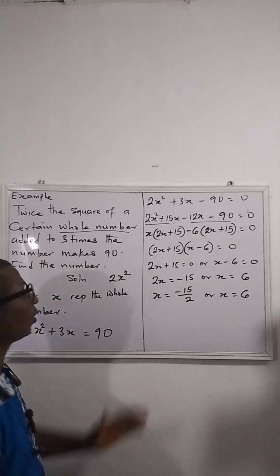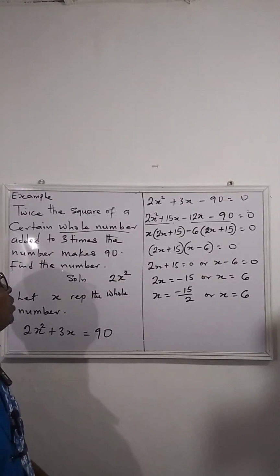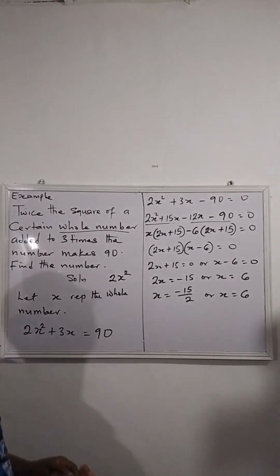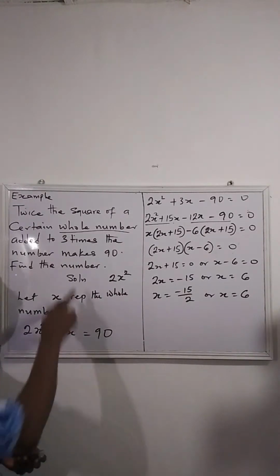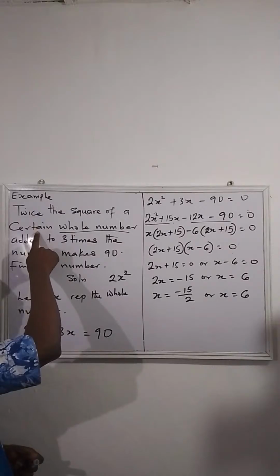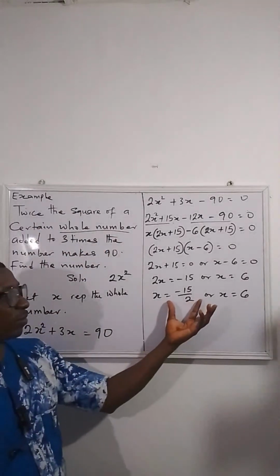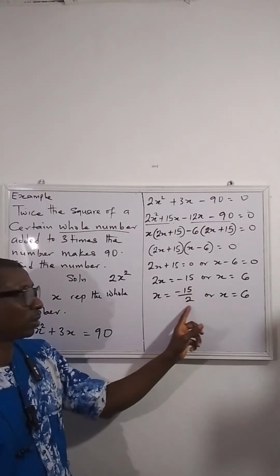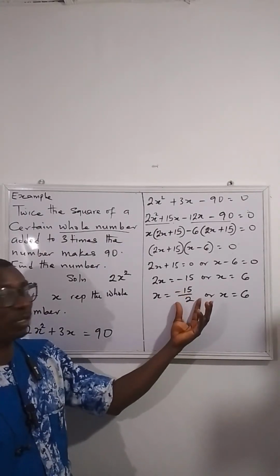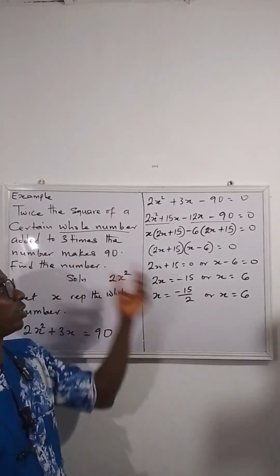Alright, so I will not go further. I'm going to stop here because I already have my answer. Now look at what the question is talking about. The question says you should find the certain number. The certain number is what? Whole number. So I will not disturb myself on this, because this is not going to give me a whole number, and this is not the number this question is talking about.